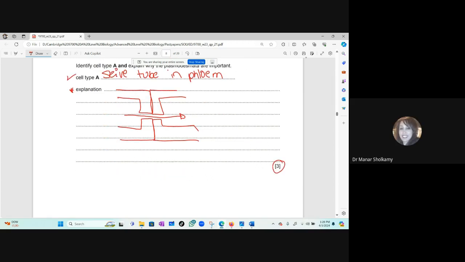To mention the correct name, sieve tube in the phloem, and the explanation of the plasmodesmata. First, by the way, you can draw a small diagram like this. This is very accessible. These are cytoplasmic connections between 2 plant cells, and they allow for the transport of material, any material. Transport of glucose.